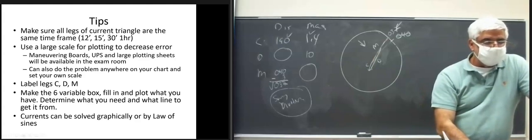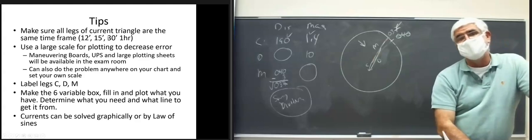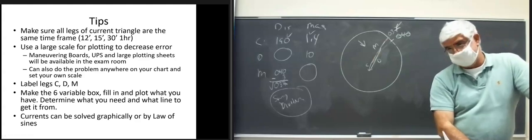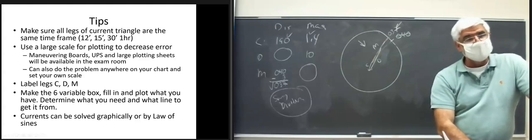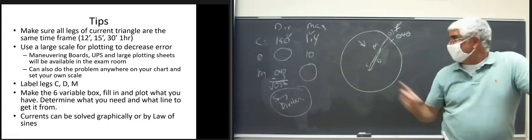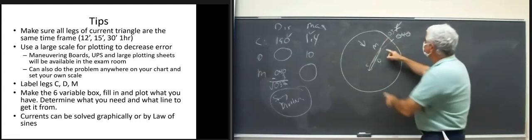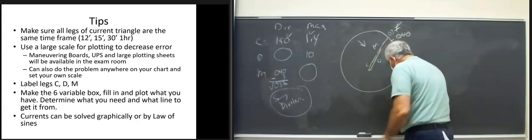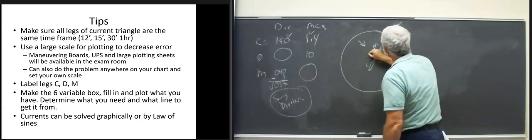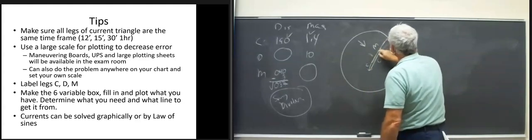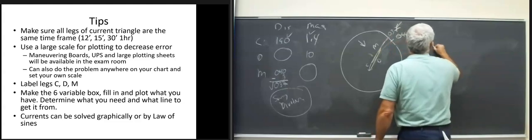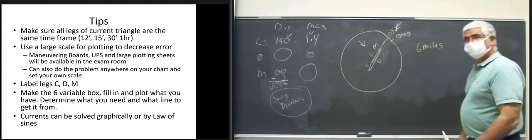Remember that everything is fine and good until you get to the speed made good. And if you're not in an hour-long triangle, you're going to have to multiply that speed. So let's say you got 2 miles from this. Let's say, Ren, you measured this and it was 6 miles. Okay?